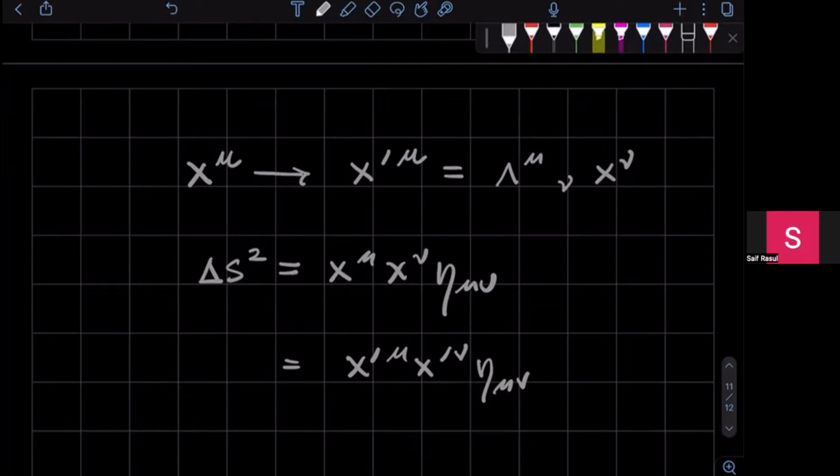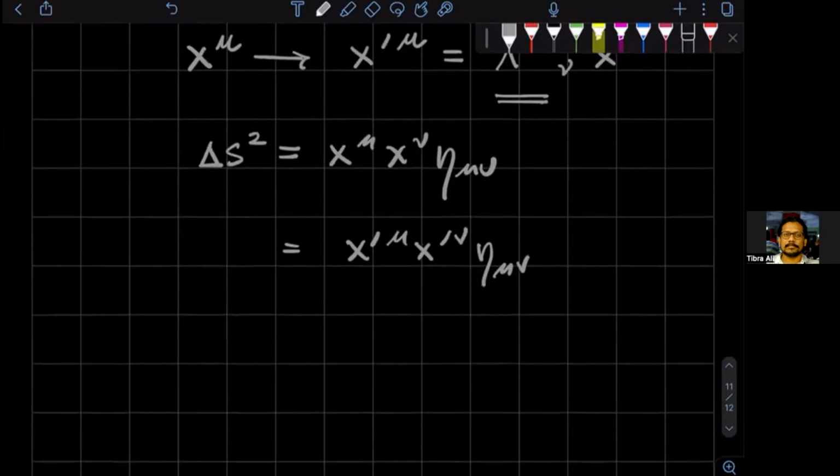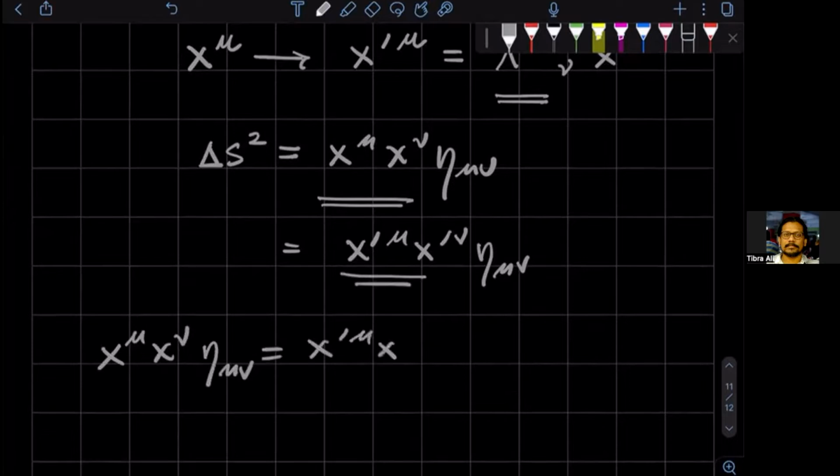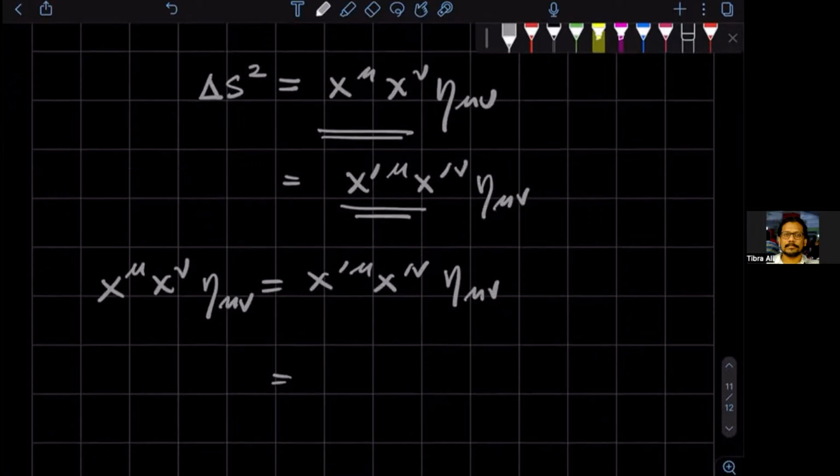Because it kept the interval invariant. Yeah, exactly, by definition. So, but what does it imply for this matrix? That's what we want to know, right? So let's write this line first on the left. And then this thing, which is x prime of mu, x prime of nu, eta mu nu. But this thing is lambda mu sigma, x of sigma.